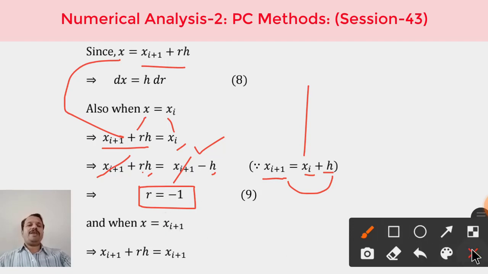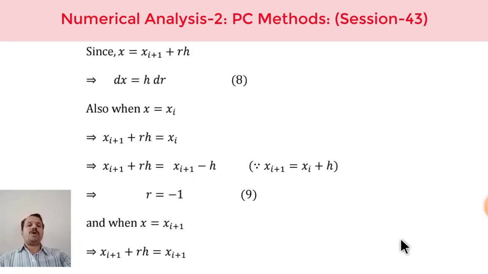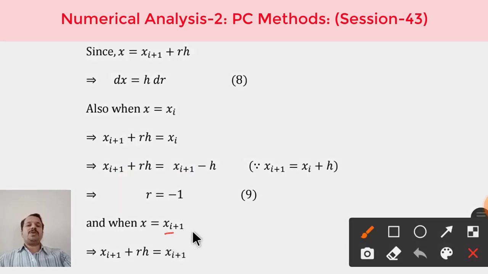So after evaluating the lower limit, let us move on to evaluate the upper limit. What is the upper limit? x is equal to xi plus 1. So x value is, according to this definition, xi plus rh. On the LHS it is xi plus 1 because of our upper limit. Now I can cancel this xi plus 1 with this xi plus 1. RHS remains as 0. So when this is 0, h cannot be 0, therefore the only possibility is that r is equal to 0.